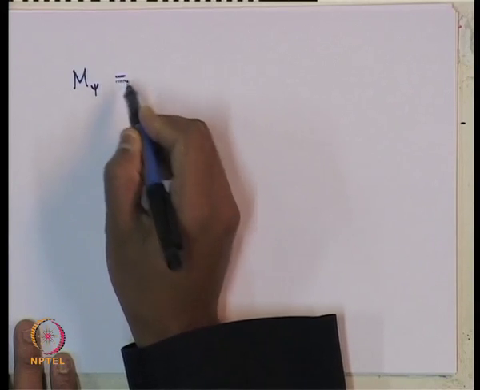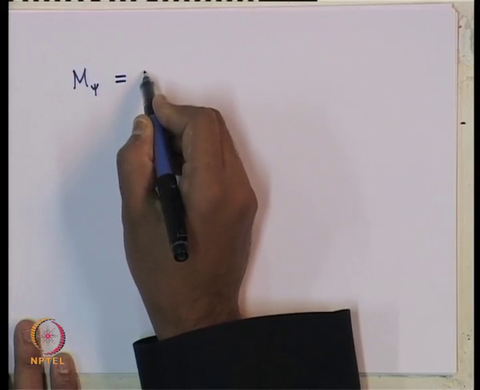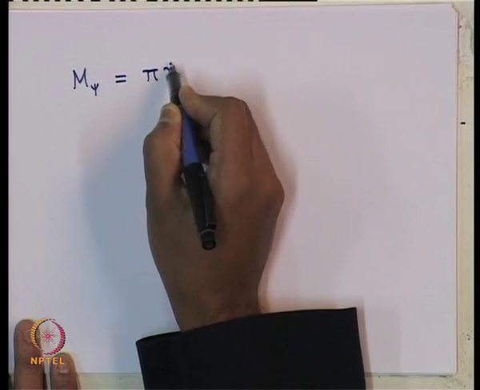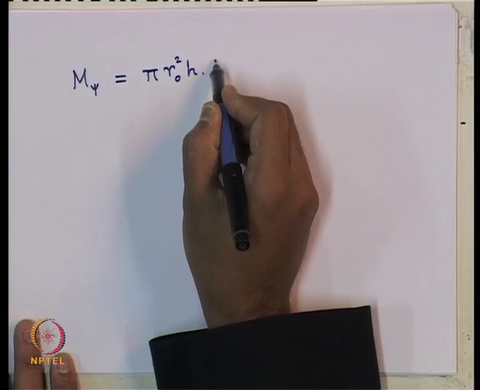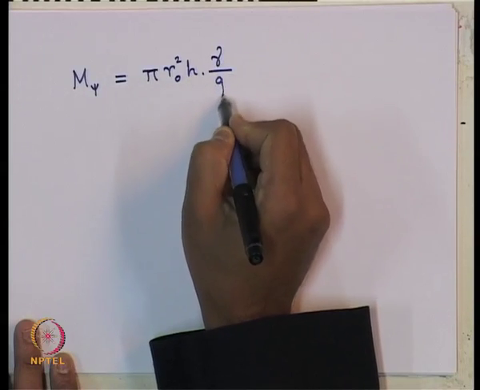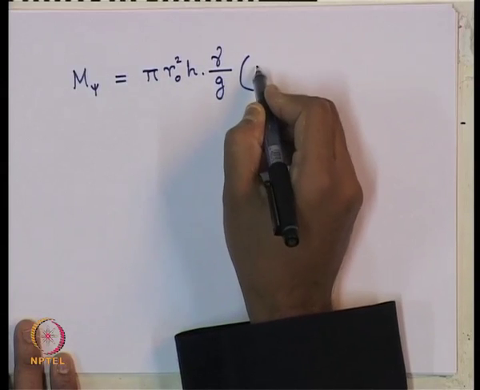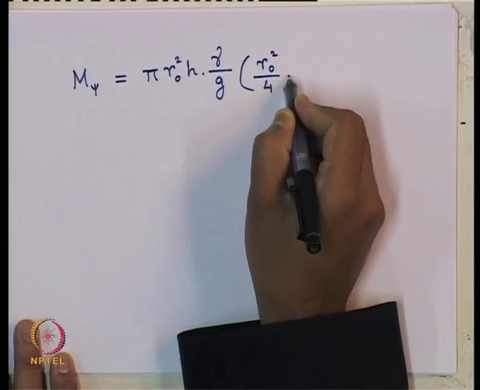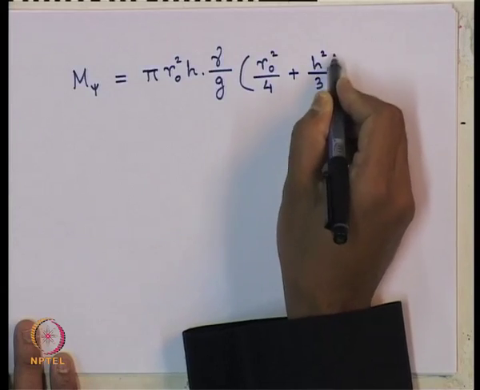Now, m psi, the mass moment of inertia, can be calculated using this expression: pi r naught square h times gamma by g times r naught square by 4 plus h square by 3.